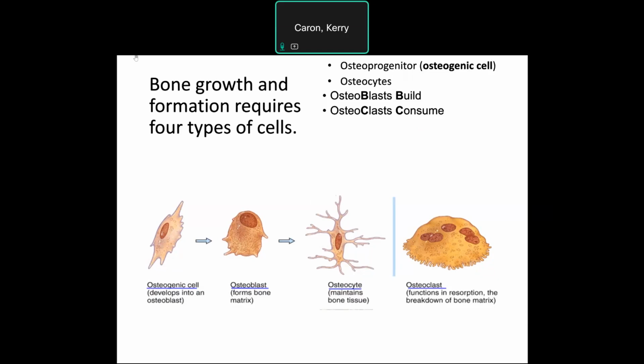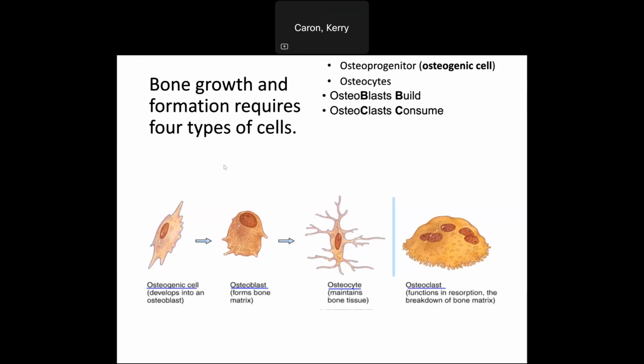And there are 2 types. We have osteoblasts and osteoclasts. And if you remember B in the blasts, build, those build up new tissue, okay? Osteoclasts break down or consume. So clasts consume, blasts build. And those are the 2 types of osteocytes.